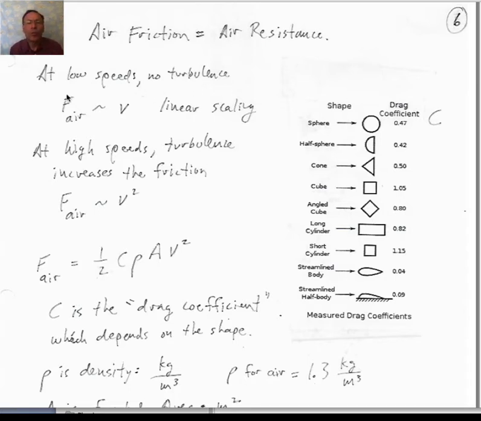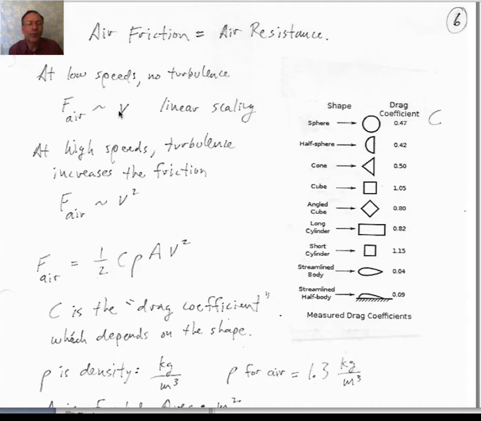So at low speeds, as I mentioned before, you have the laminar airflow, and the friction from air resistance is proportional to the velocity. So that means linear scaling.